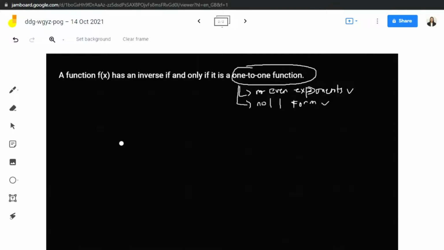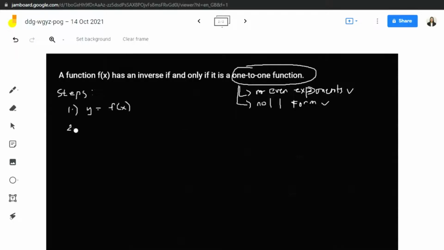Now, there are three basic steps that we can use in finding the inverse of a function. The first step is you will be writing the function into the form y equals f of x.